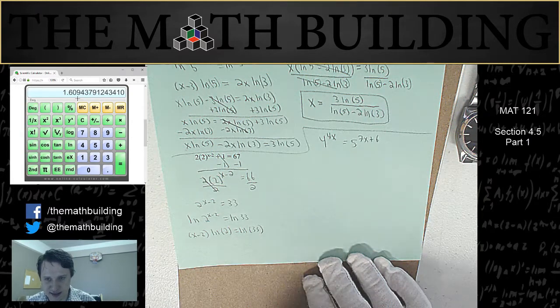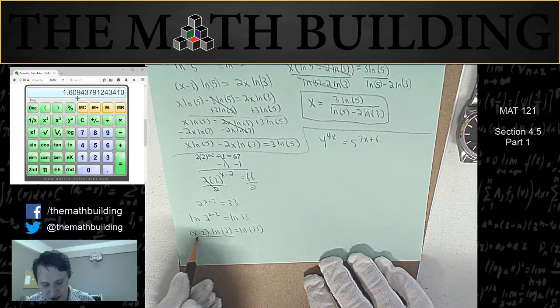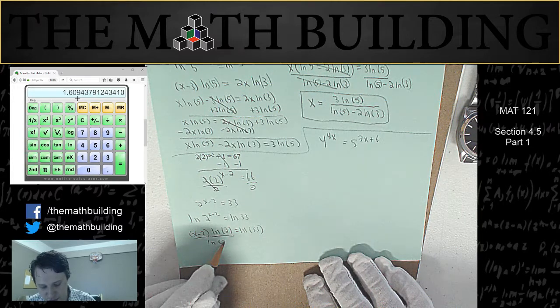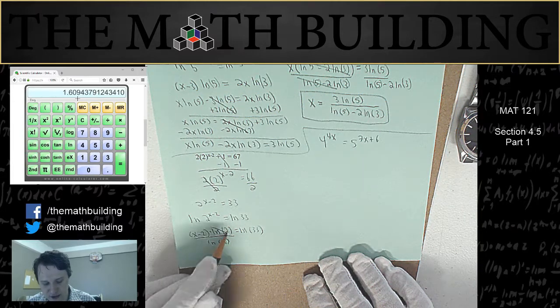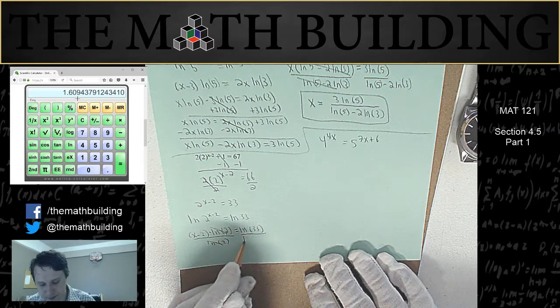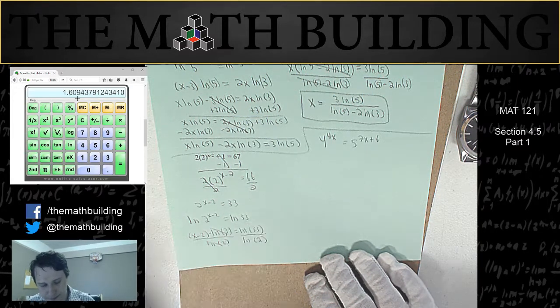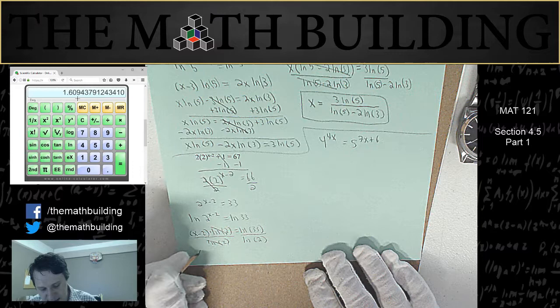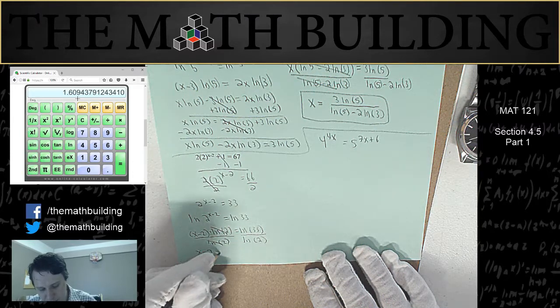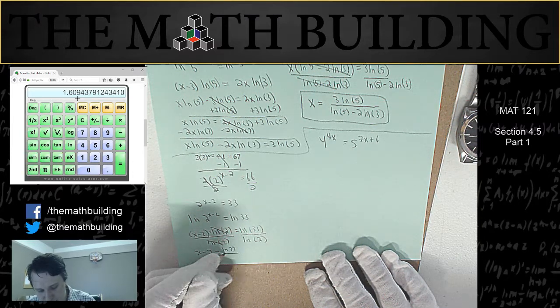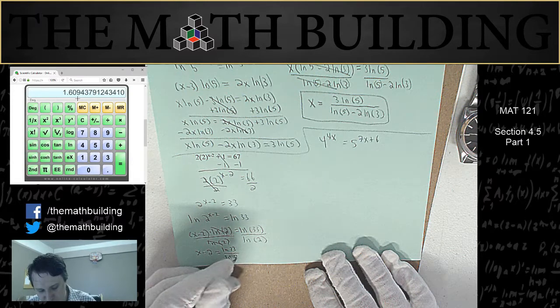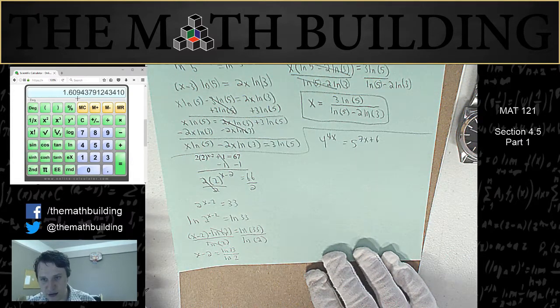We want to isolate this x, so let's go ahead and just divide by natural log of 2 to move it over. This is multiplying here, so we divide to cancel. So that means we have x minus 2 equals the natural log of 33 divided by the natural log of 2. And now you're just one step away.